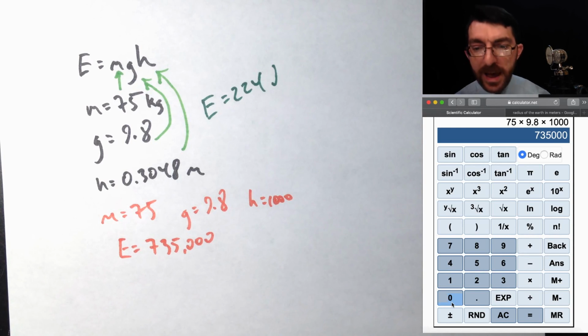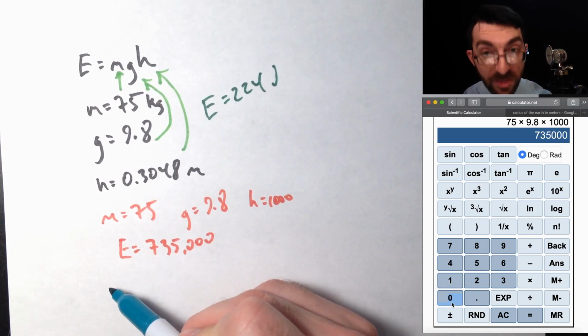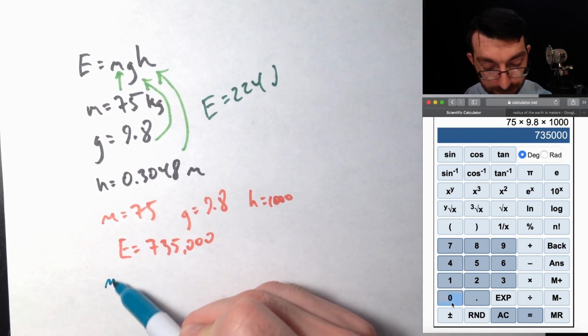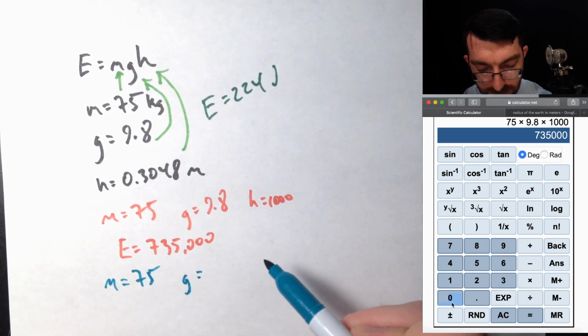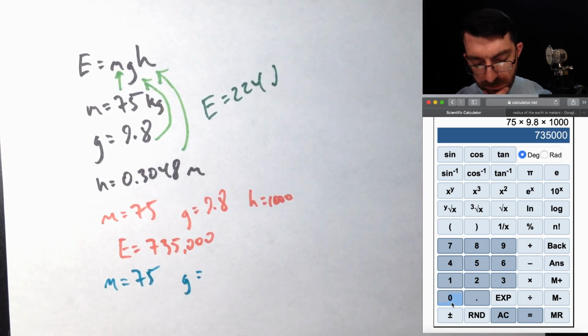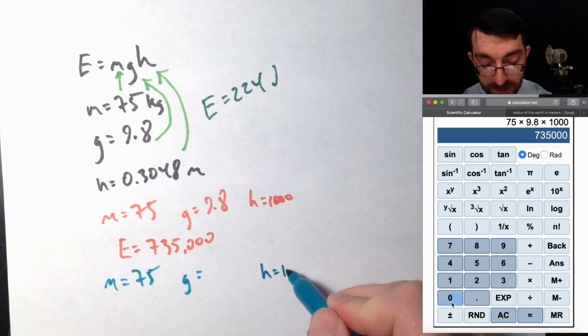Let's do this at one more height. We'll do it at 1,000,000. Do 1,000 kilometers up. So mass 75. Gravity is, let's leave that one blank for a second. Height is 1,000,000.